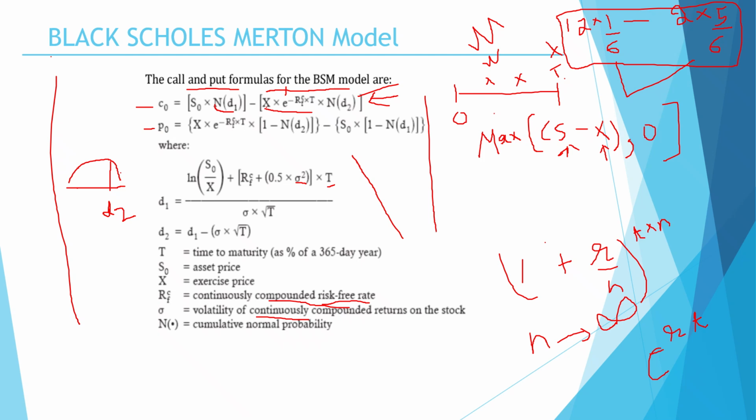We will also call it the delta of an option. The delta of an option is the change in the value of the call option with respect to the change in the stock price. The stock price is the underlying asset of the option in this case. So we have used ND1 and ND2 as weights, and we have calculated the weighted average using this formula, and we have evaluated the value of the call option, which is C0.